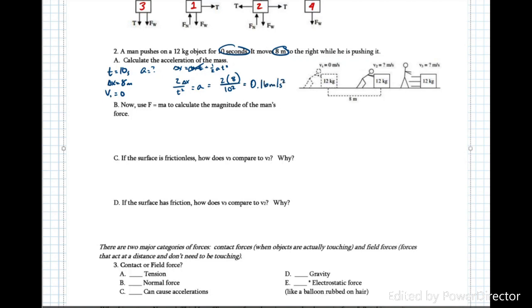That's my acceleration. Now, if I want to calculate the man's force, he's the only force acting on it, so it's really easy. Got 12 kilograms, giving me a force.